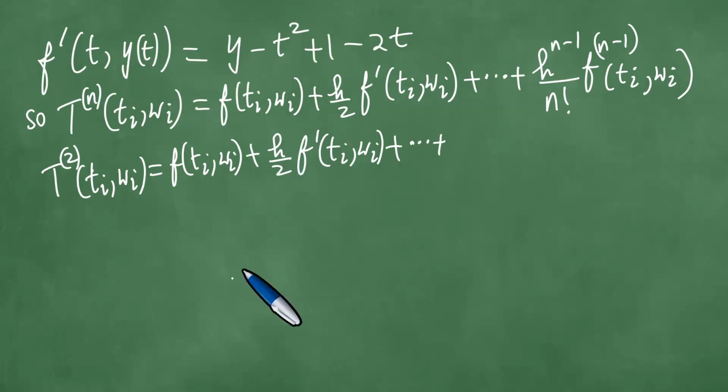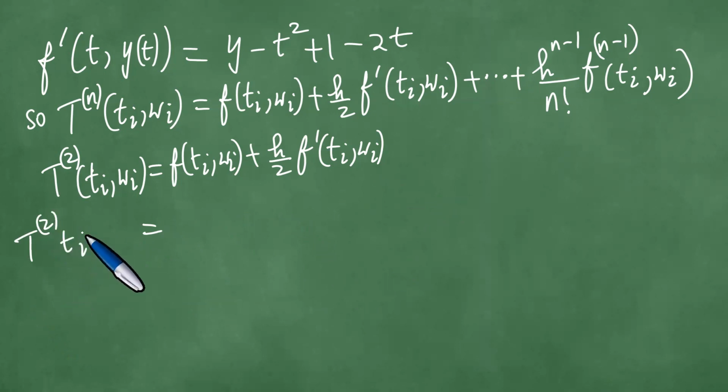So we're going to stop here. We're not going to go on, because it won't make sense: if you reach here, 2 minus 1 is only h over 2. So you have this. Now let's just continue.